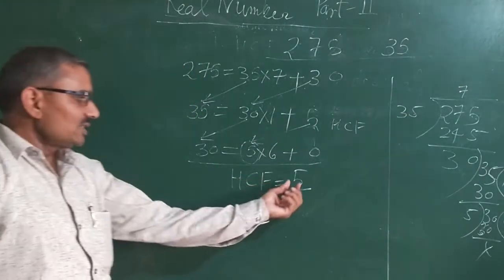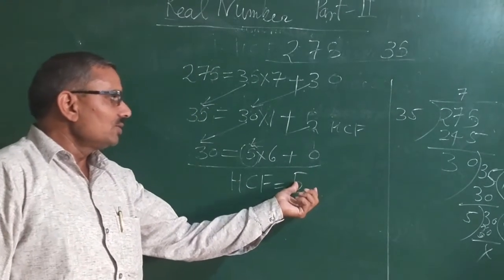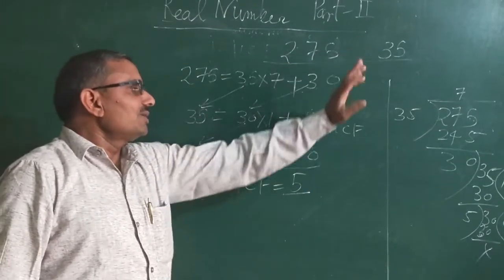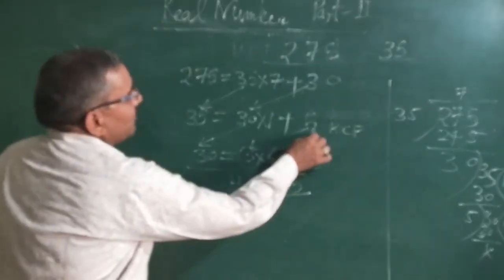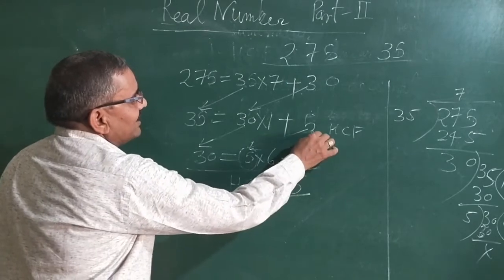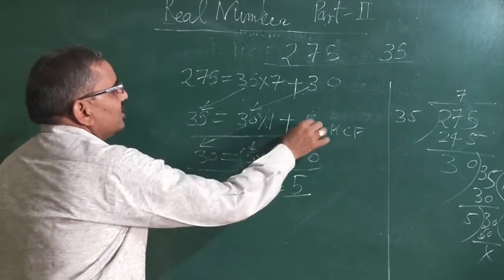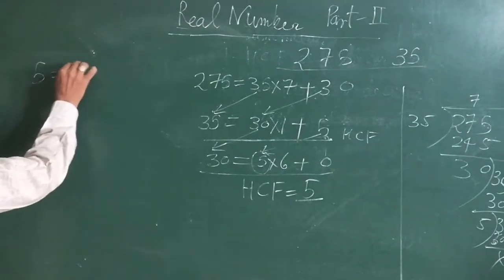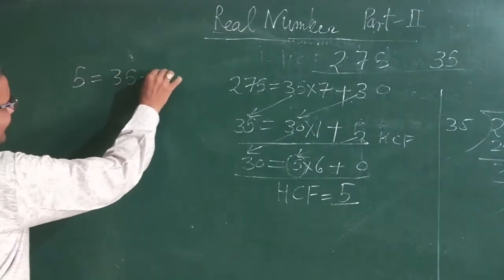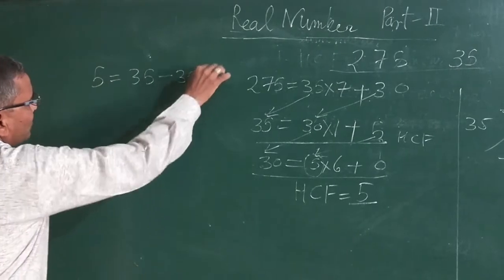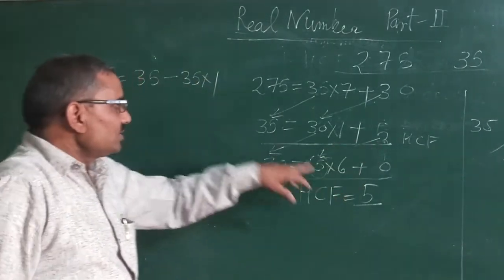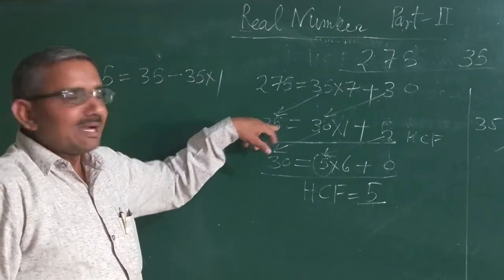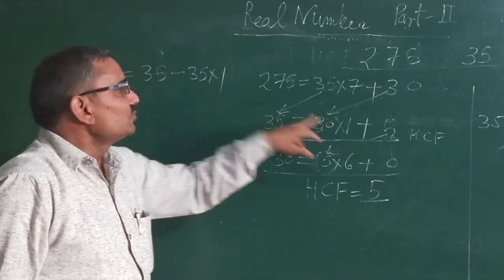Now for comparing this with the given numbers, we have to go to the second step, just above the 0 step. Here this 5 will be written as 5 is equal to 35 minus 30 into 1.